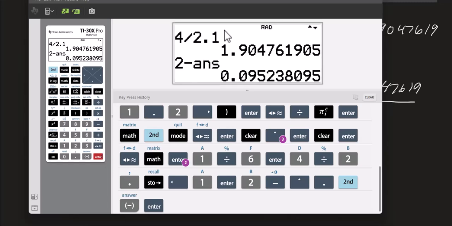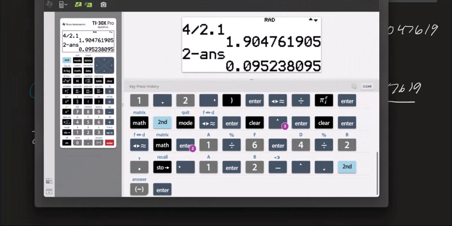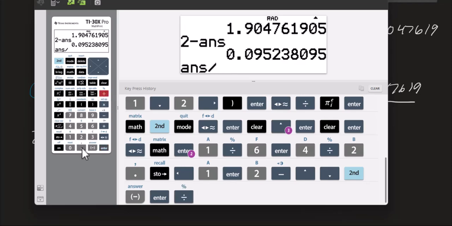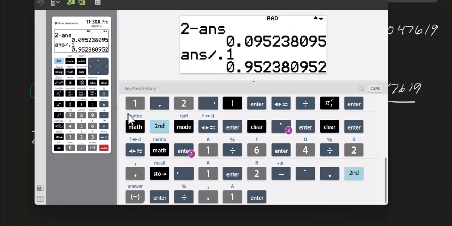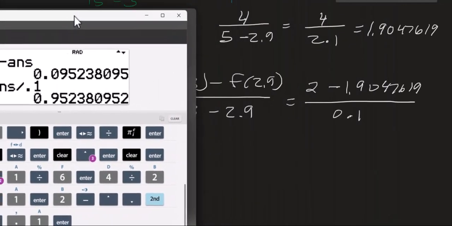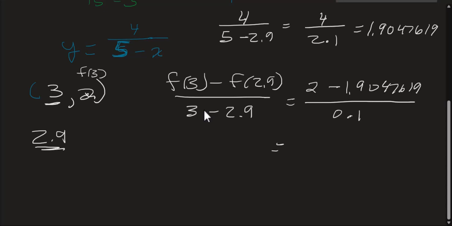So that is my value when I do the subtraction, and if I divide that by 0.1, I get 0.95238, and you have to round correctly.